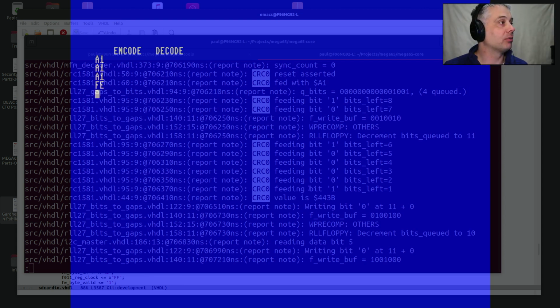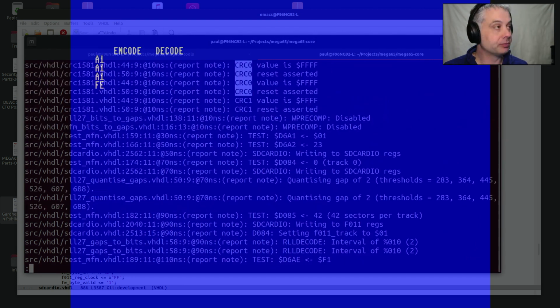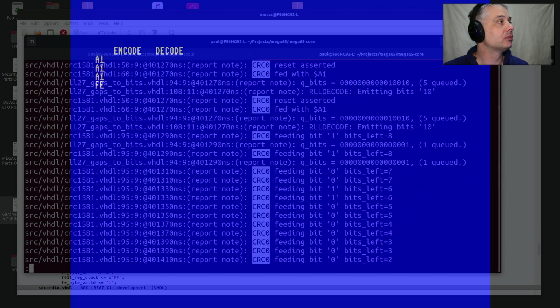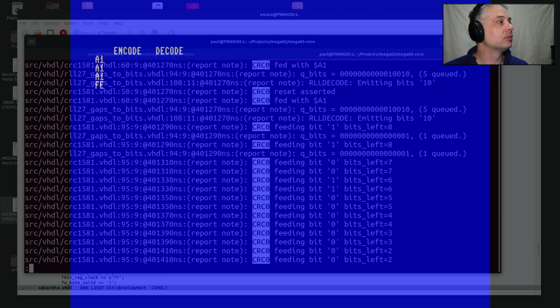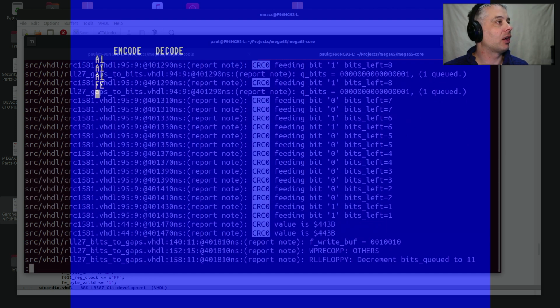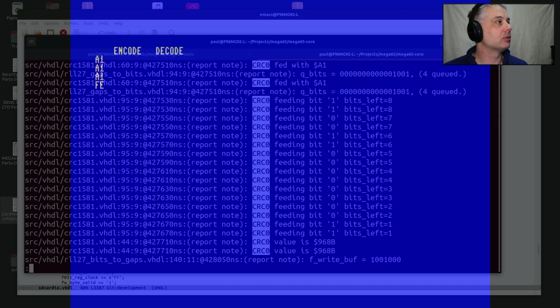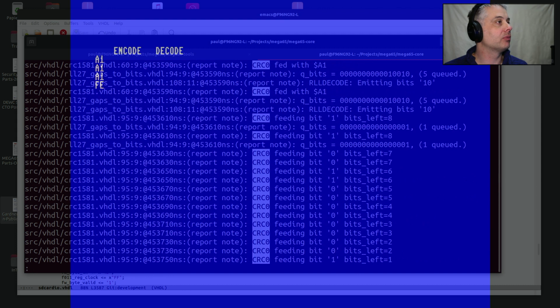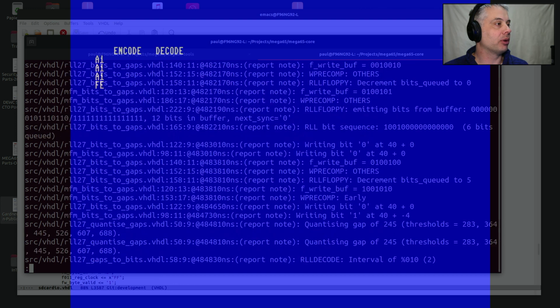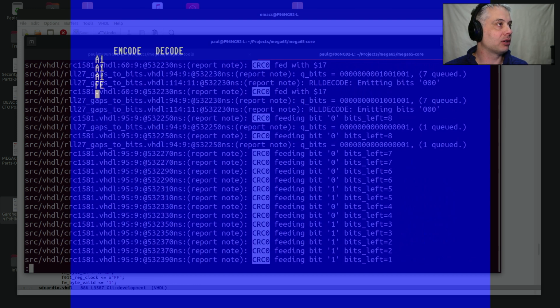Okay, so there's an A1 out, A1, 65, right? So this is the track info block, which we're not worried about because we know that decodes.